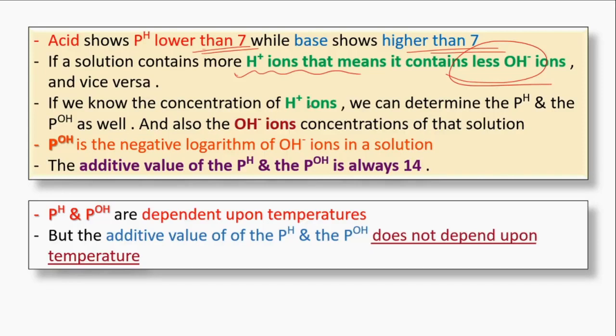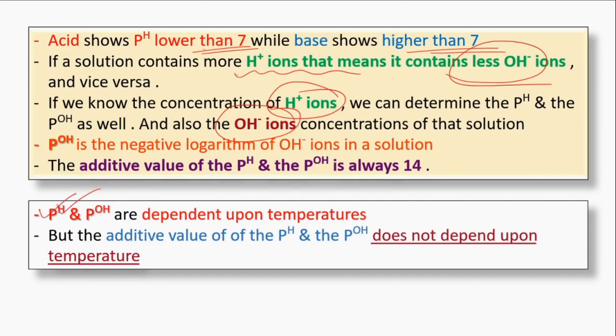And if we know either the H plus ion concentration or the OH minus ion concentration, we can determine the pH or the pOH and the other ion concentration. The pH and the pOH are always dependent upon temperature.